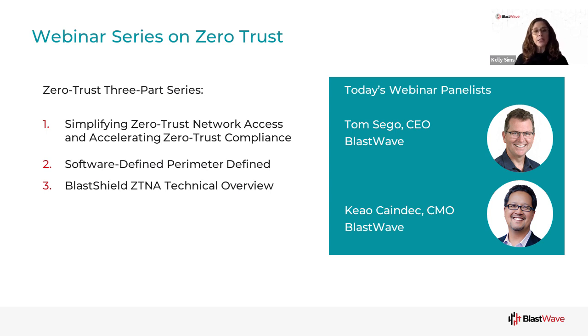We will break down the principal tenets and approaches of Zero Trust architecture while identifying the challenges of the requirements of ZTNA and provide a detailed description of different ZTA deployment models, including the software-defined perimeter approach, which will be the headliner for our second webinar in the series, where we'll take a closer look at SDP, which we think is the best model in implementing Zero Trust. And in the third and final installment of the series, we'll provide a technical overview of Blastwave's Blast Shield ZTNA solution.